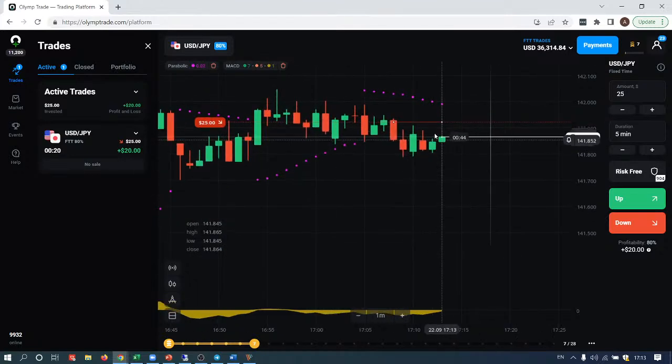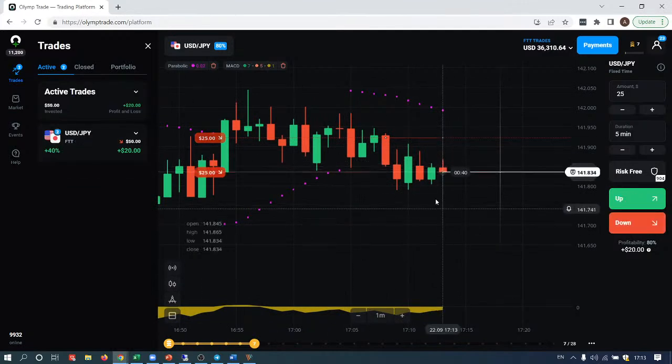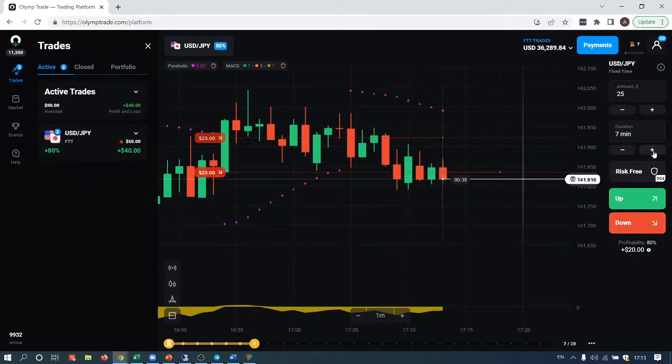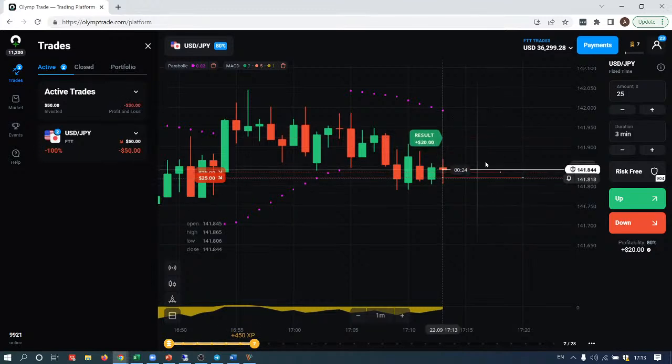And I don't even have to wait until my current trade ends. I can just go ahead and open a trade. I want to show you today a little bit more flexibility with my trades, and that you can really choose different durations. I usually stick with the default time of 3 minutes in my trades, and that is totally fine.